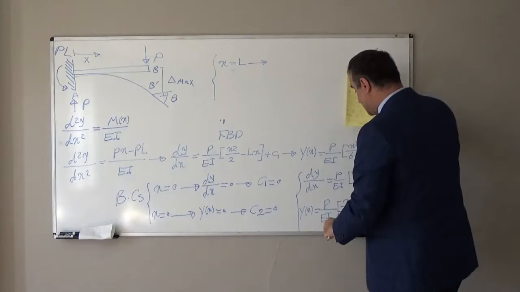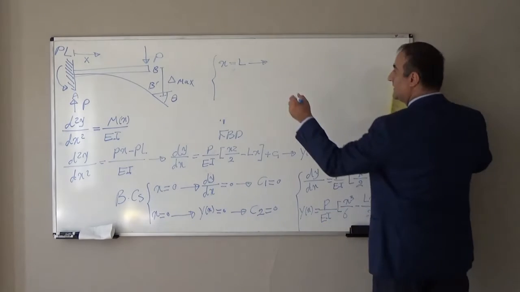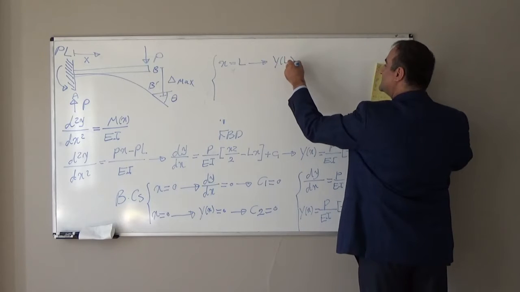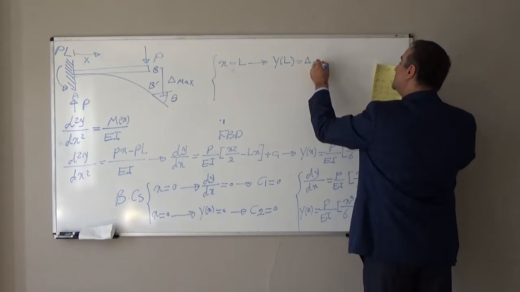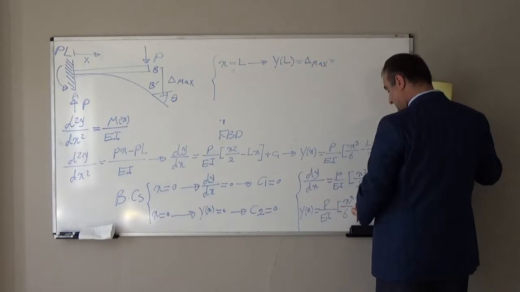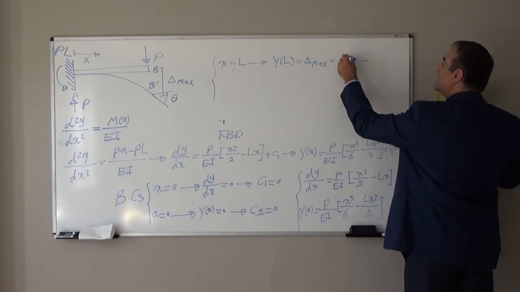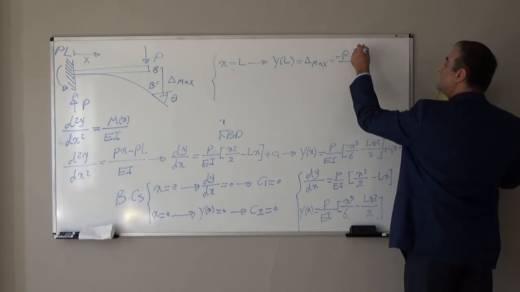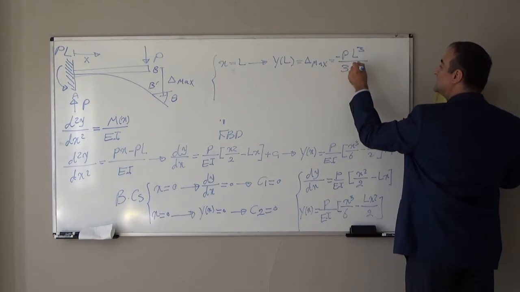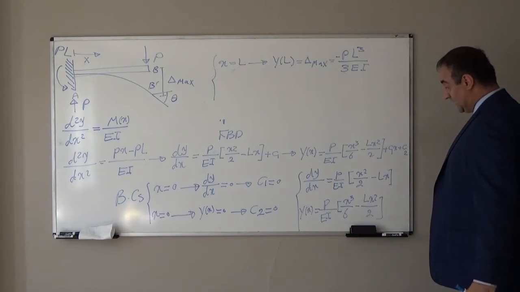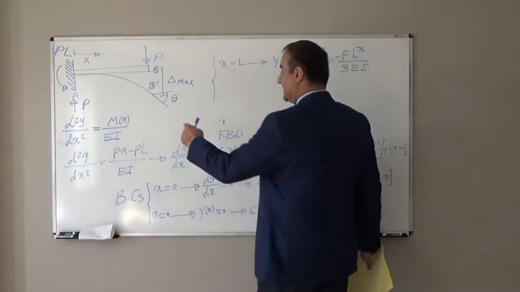If I plug in x equal to L, I will end up with y at L, the maximum deformation, equal to negative PL cubed over 3EI. And we want to find the slope here.